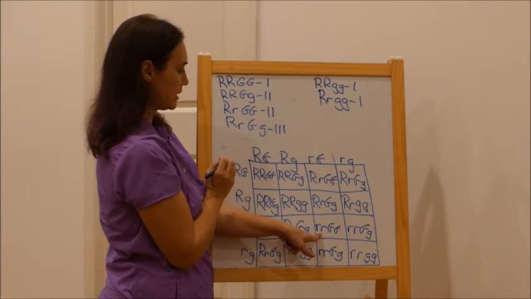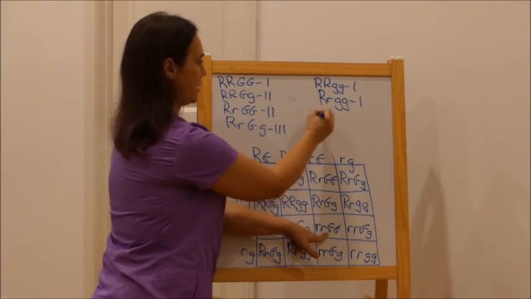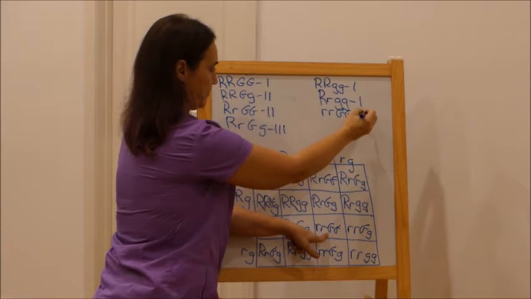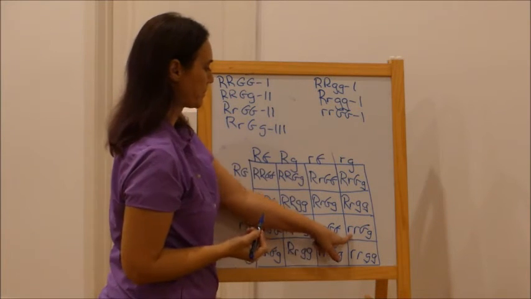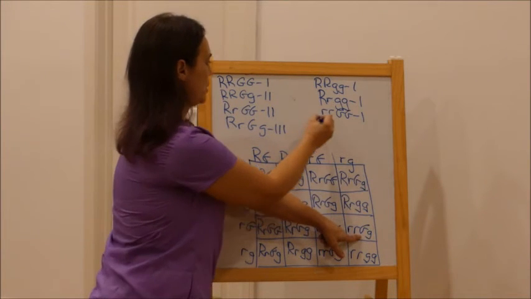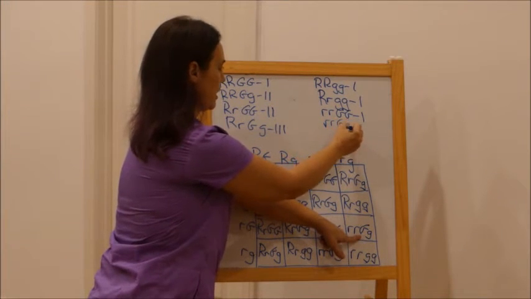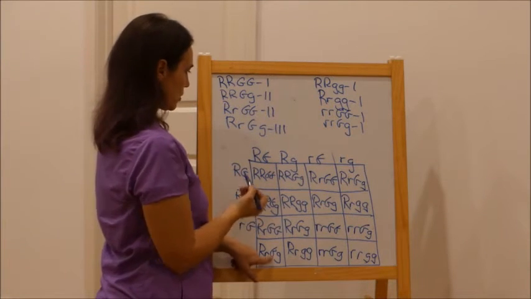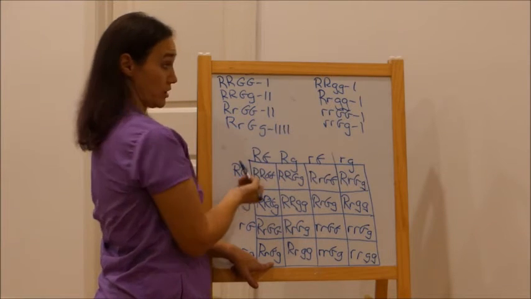Lowercase r, capital G. That's a new one. One of those. Lowercase r, capital G, lowercase g. One of those. Capital R, capital G, lowercase g. There's another one of those.